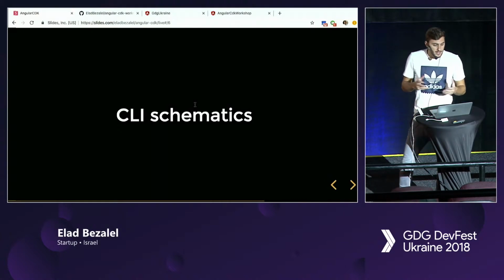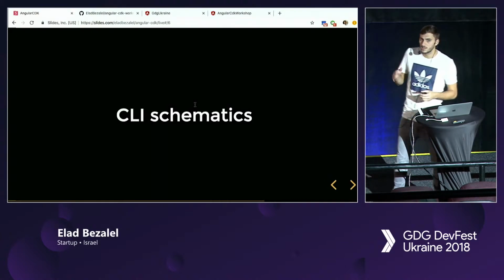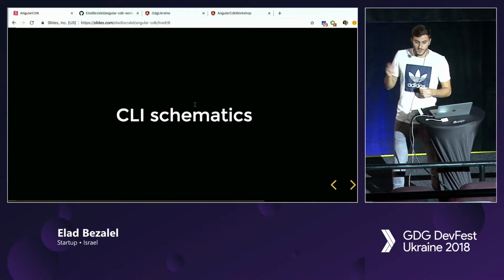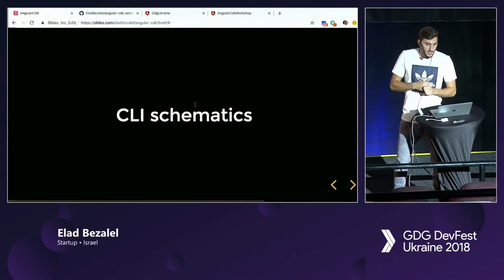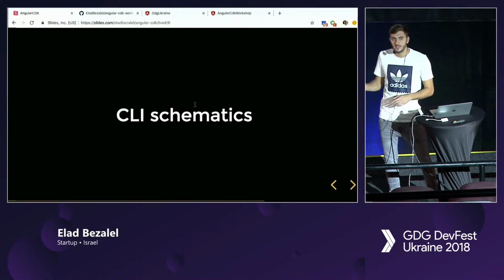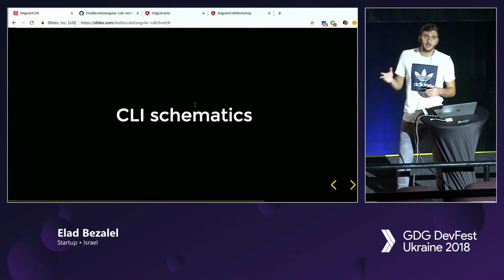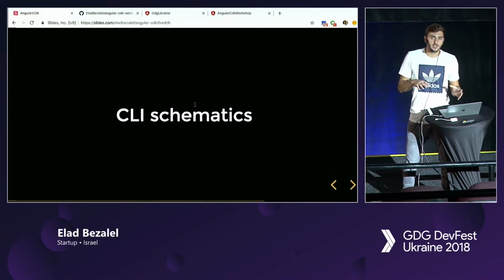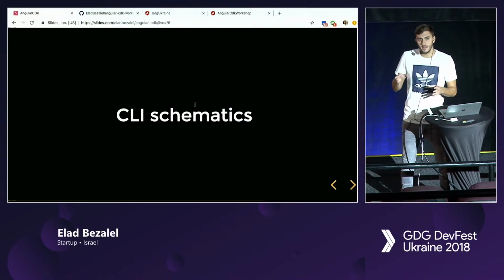What I mean by that is if you go from Angular 6 to 7, which is supposed to come really soon, and you tell the Angular CLI, hey, I want to upgrade from Angular 6 to Angular 7, it will automatically find all the breaking changes that happened between 6 and 7 and go through your code and fix them for you.